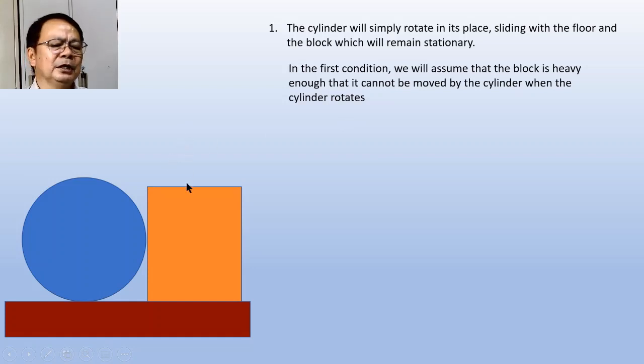Mabigat para hindi siya maitulak. At dahil mabigat siya, mangangailangan siya ng larger force because there will be larger frictional force that will be developed between this block and the floor. Okay? So, tingnan natin, no?